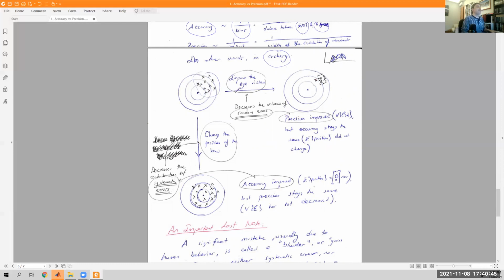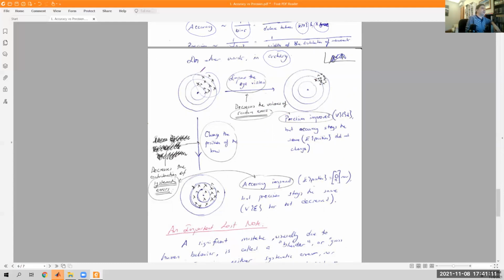When you improve your eye vision, for instance, we can decrease the variance of random errors. Actually, improving the eye vision is not a very good explanation. Actually, I'm not familiar with archery much. I'm not familiar at all.